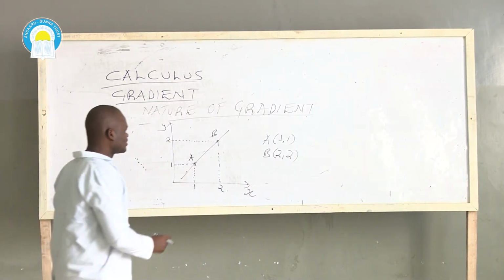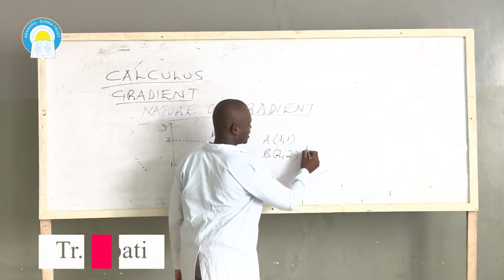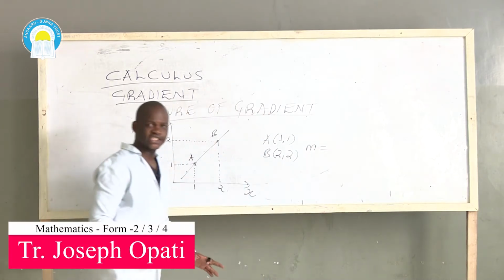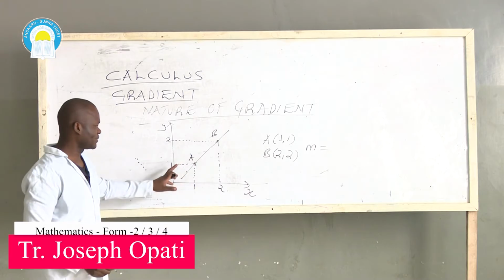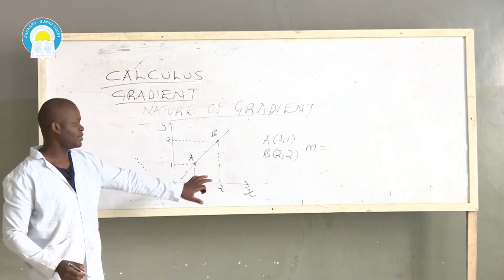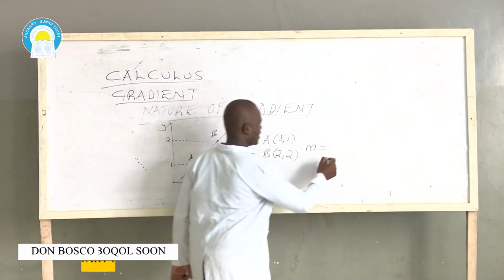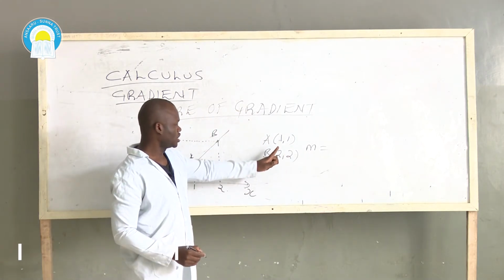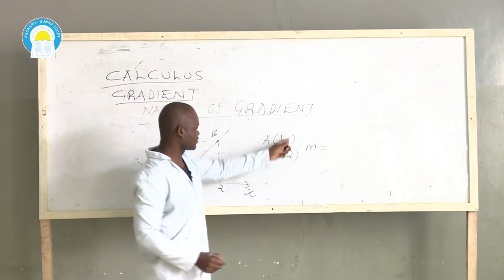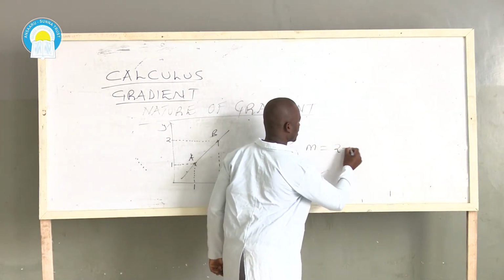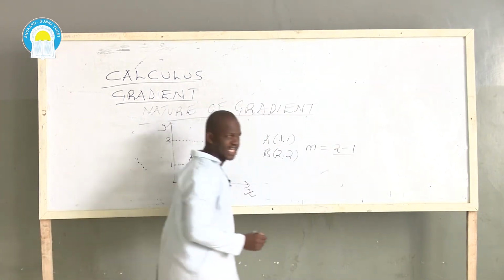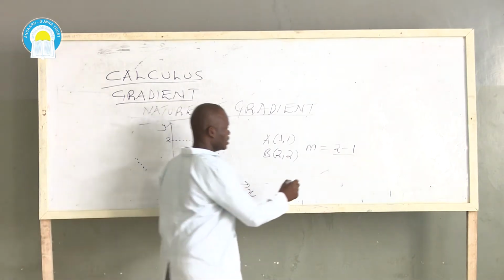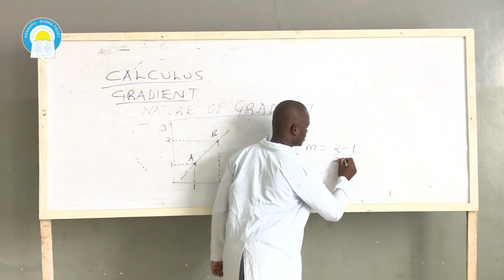Now, if I use those 2 points to find the gradient of the line joining point A and B, what will be the outcome? I will have change in y being given by 2 minus 1, then change in x being given by 2 minus 1 also.